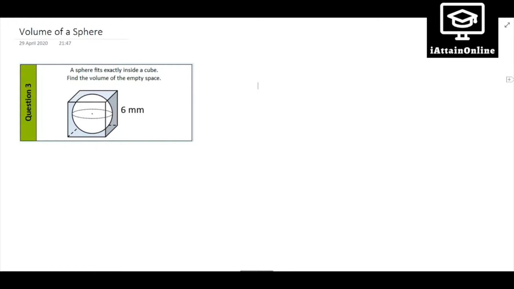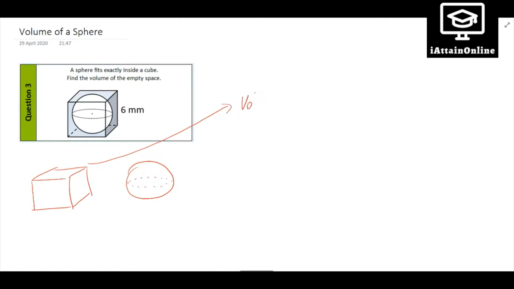So in order to do this, you work out the volume of the cube and the volume of the sphere separately. We are then going to do the volume of the cube take away the volume of the sphere, because that's going to tell us what the space left around it is. So I'm going to start by finding the volume of the cube.